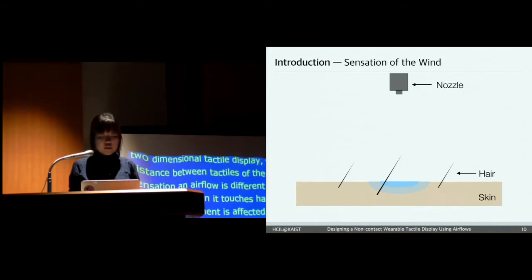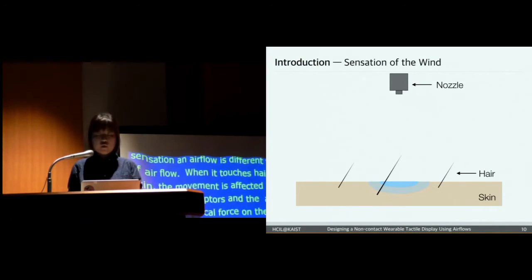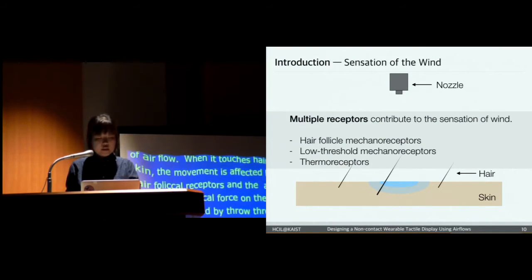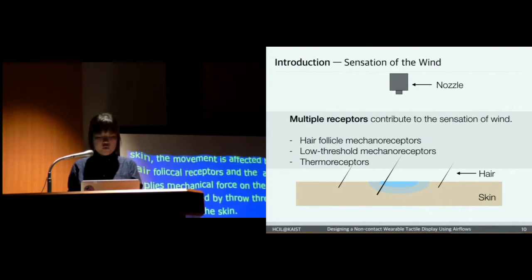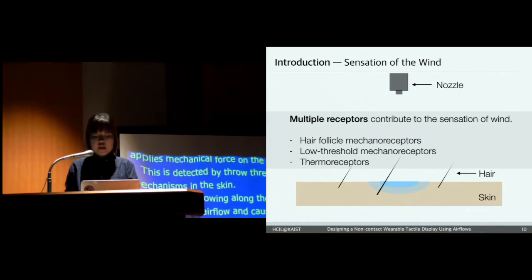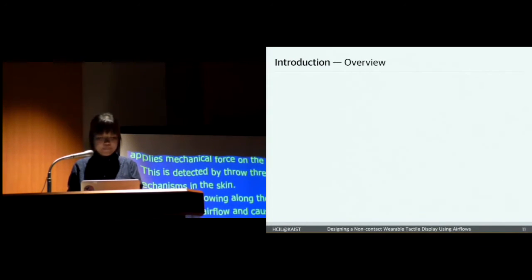Additionally, flowing along the skin surface, an airflow drives the heated layer near the skin and causes the sensation of coolness. Receptors which have different conducting characteristics contribute to the sensation of wind. Thus, the findings from vibrotactile or thermal display could not apply to the design of an airflow tactile display.